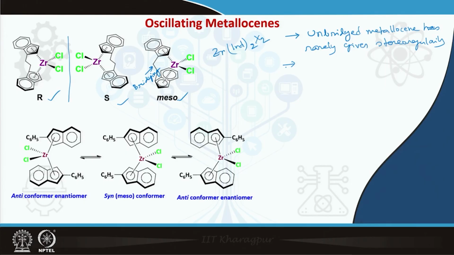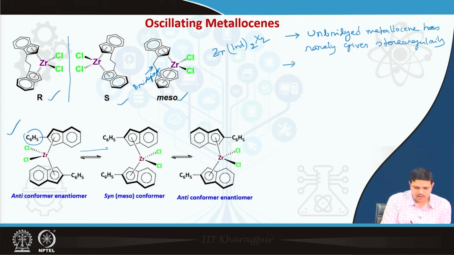So, suppose in this case, if you see this one, what is there? There is a phenyl group. Okay. Now, in this scenario, what will happen? There is a sufficient energy barrier between this one and this one. And due to this, there is a lifetime of the anti. So, you see, this is the anti-conformer.